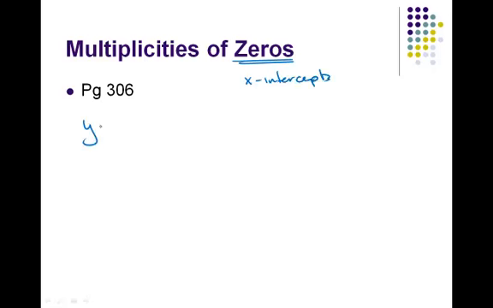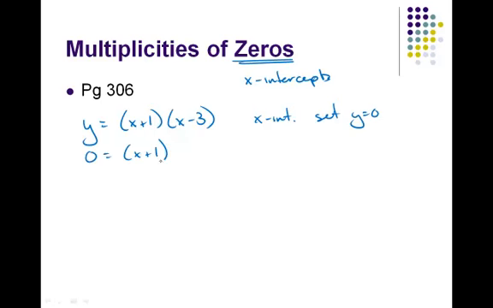So let's look at an equation, y equals x plus 1 times x minus 3. Now to find the x-intercepts, remember we set y equal to 0. So here's my function. It's already factored for me. That's very nice. So I find out that my zeros, or my x-intercepts, are -1 and 3.